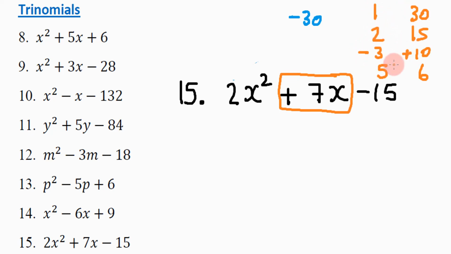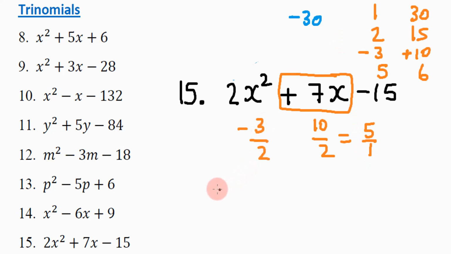Now what we do is we take each of these two numbers, so negative 3 and 10, and we divide it by the x squared coefficient, so by this 2 here.